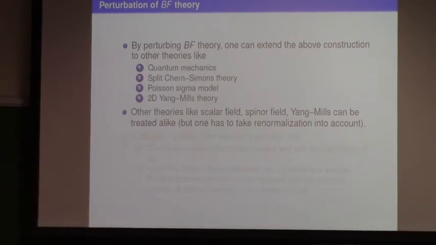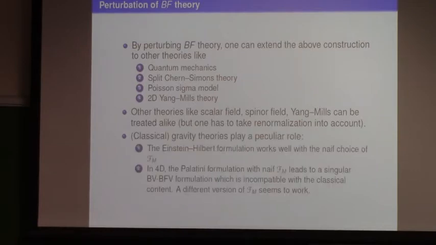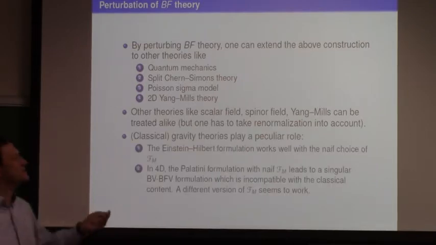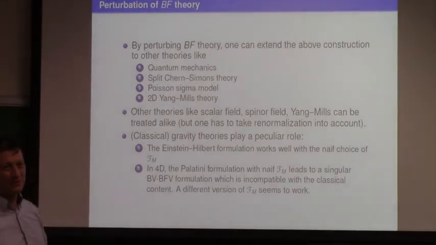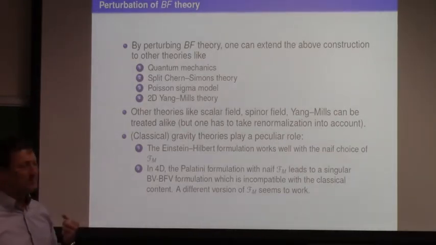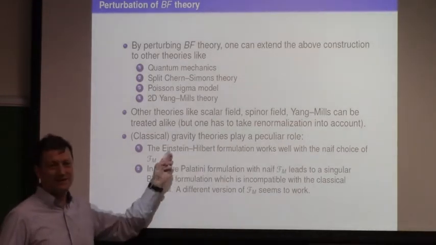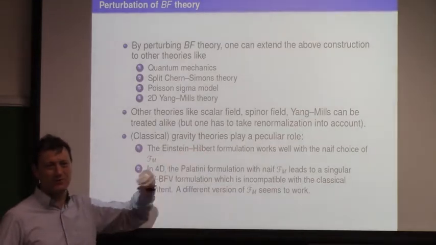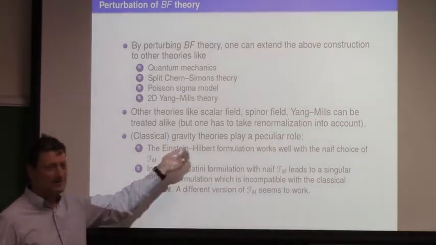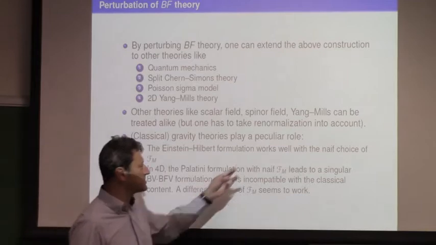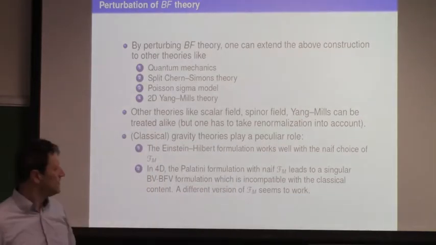Maybe I should mention that there is another interesting theory you might want to consider, which is gravity. At the quantum level we don't know exactly how to do it, but already at the classical level it is interesting. There are two classically equivalent formulations of gravity. One is the Einstein-Hilbert formulation, where the only field is a metric, and you have the Einstein action. This works quite well in this formalism.